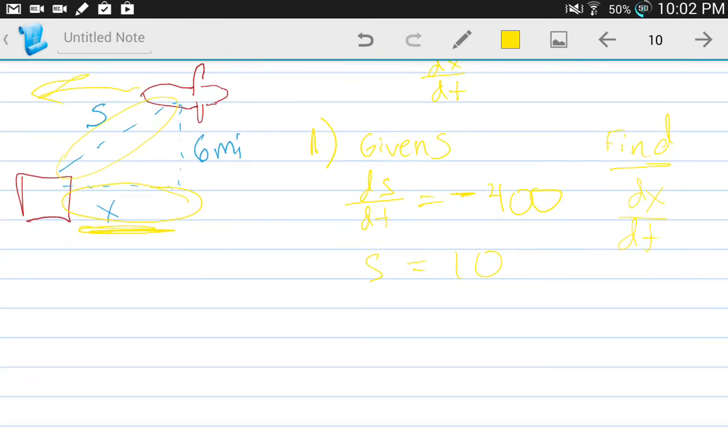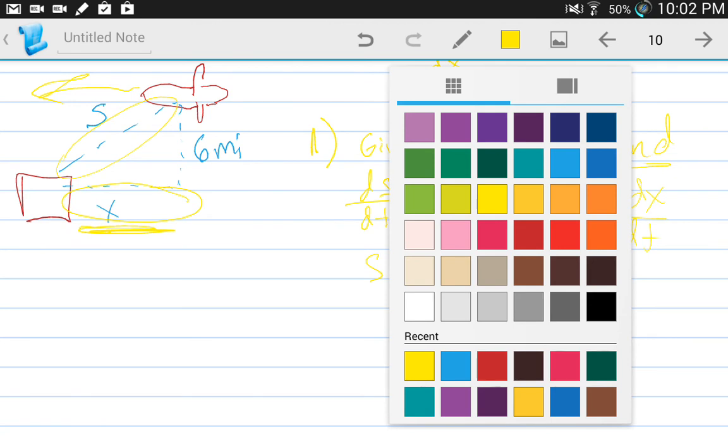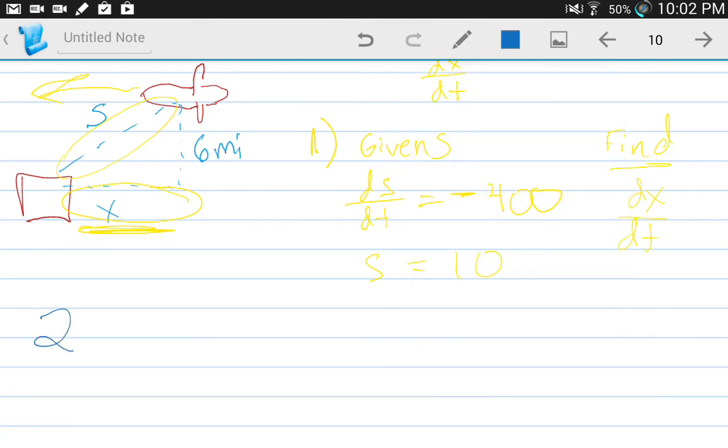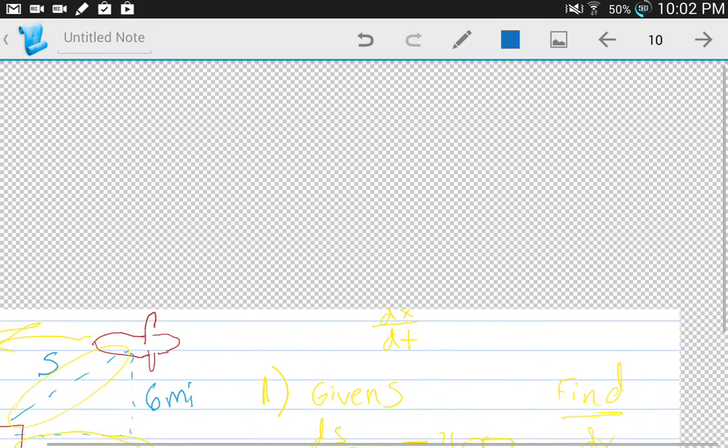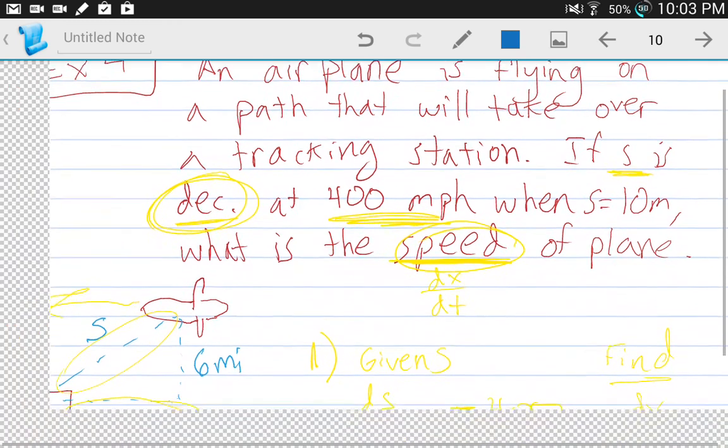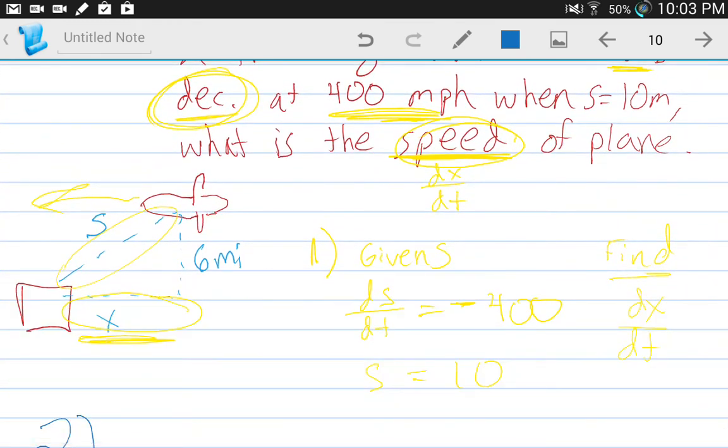Alright, step 2 we said was to come up with some kind of an equation. Now, this is kind of tricky, but we want to look at everything they gave us. They didn't give us any equation. We go back here, no equation. But they did give us a picture, and this picture has a right triangle.